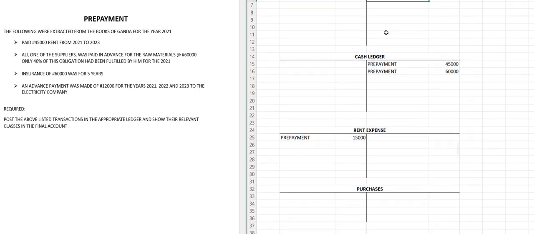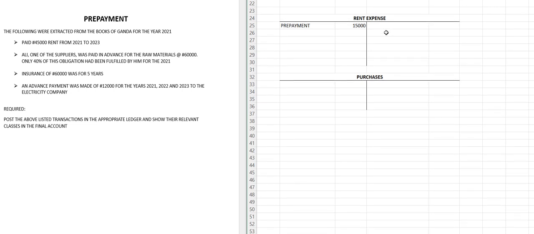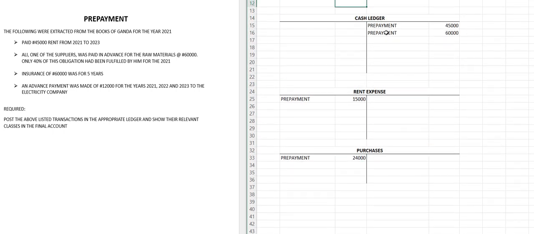Then come down, purchases is receiving from prepayment the amount 24,000. All right, let's see if we have recognized it under cash payment. Then we should label these as purchases.